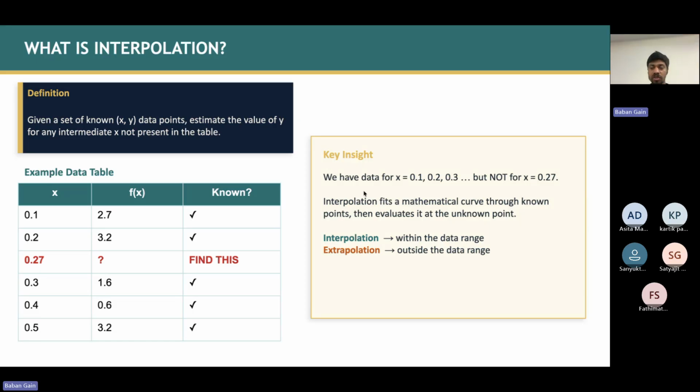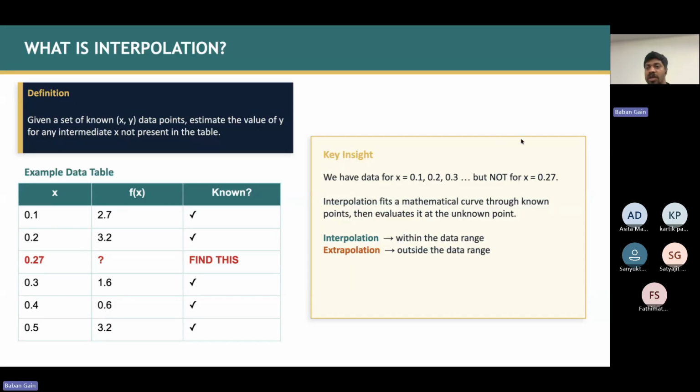So the question is, suppose we have the input x only, but we do not have f of x, some unknown value. Can we use all this data to find a good prediction of whatever value this will be? That is what we call interpolation.